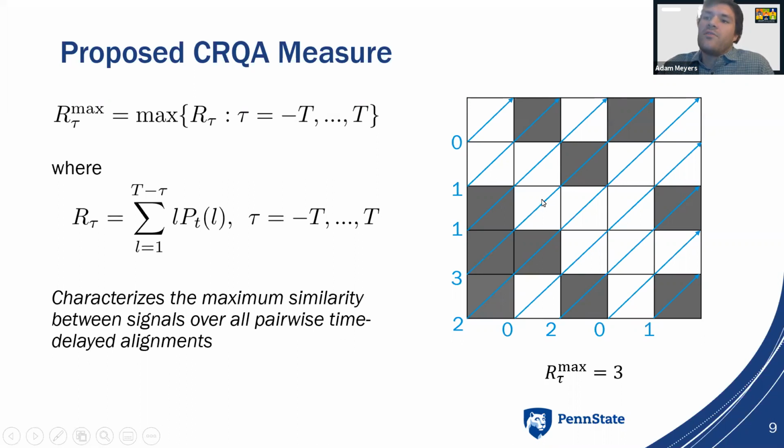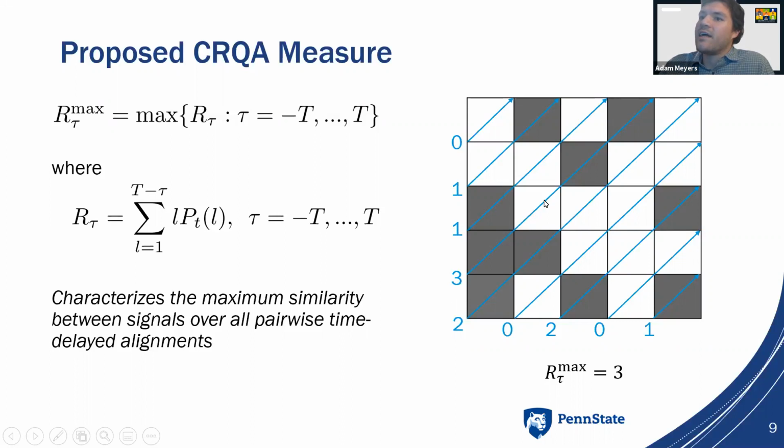With this diagonal above the main diagonal, this could be shifting one of the signals up one time unit and comparing it then to the other signal. What my measure does is it looks for the maximum number of recurrence points that occur along one of these diagonals. In this example, it occurs right here with 3.